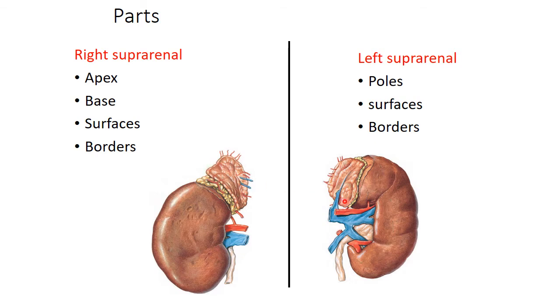This is on the right side. On the left side there are two poles. This is semilunar in shape. This is the upper pole and this one is the lower pole. Anterior surface, opposite is the posterior surface. There is a medial border, convex, and the lateral border.